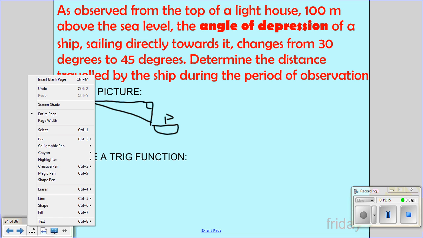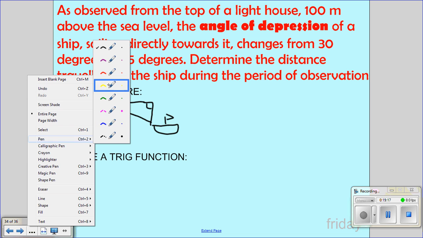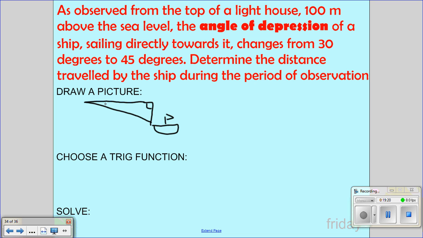So the first angle, again, was 30. So this is 30. And the lighthouse is 100 meters tall. So that would be this distance also. So this is 100 meters.